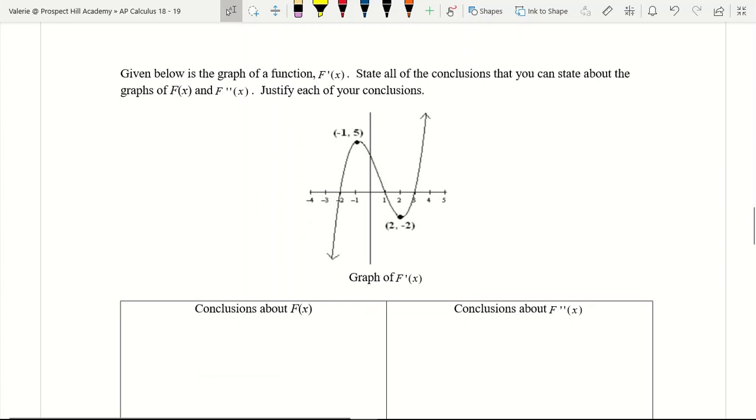Okay. So on page 137, we're given the graph of the function f prime of x. We want to state all the conclusions that can be made about the original function f of x and the second derivative.